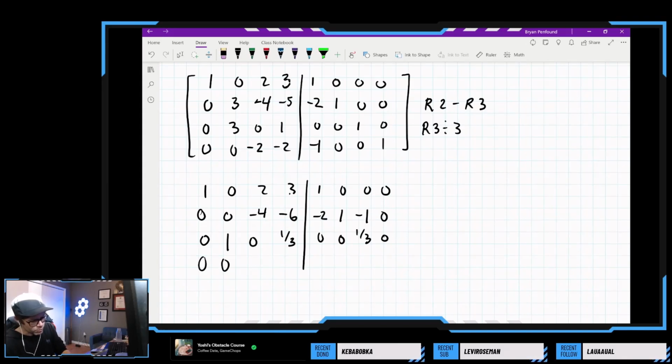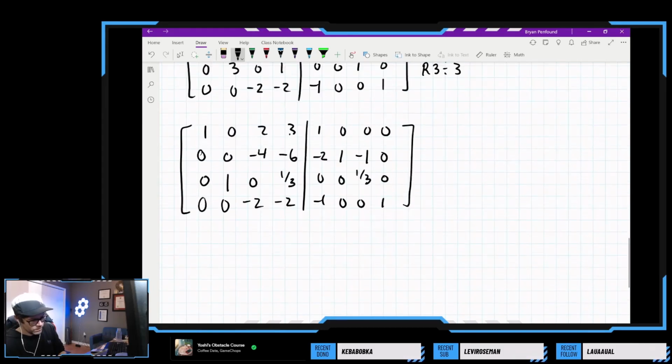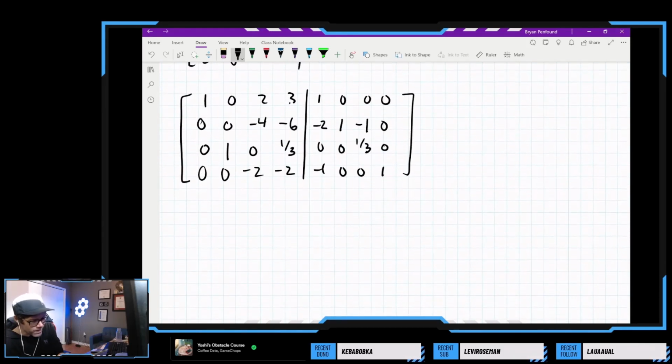So I think I'm probably going to take this row 4 and use that for my leading one. So what I think seems reasonable here is let's do the row 2, row 3 switch, and let's take row 4 and divide by negative 2.